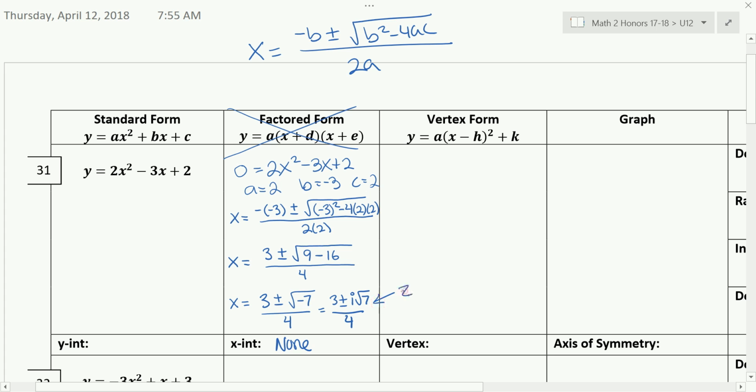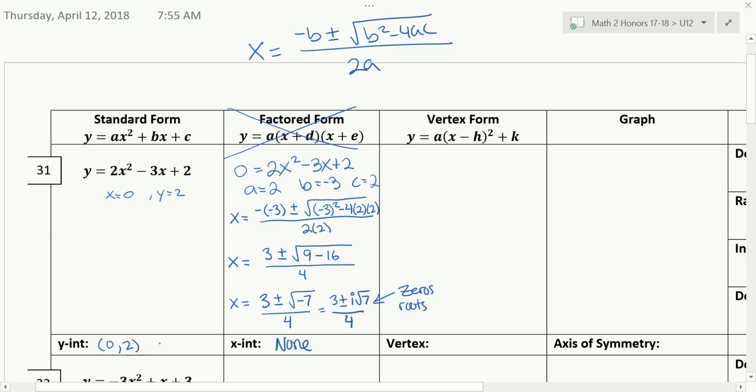We call these zeros. We call these roots. Okay. So what's our y-intercept? If I plug in 0 for x in this equation, I'm going to get y equals 2. So (0, 2).